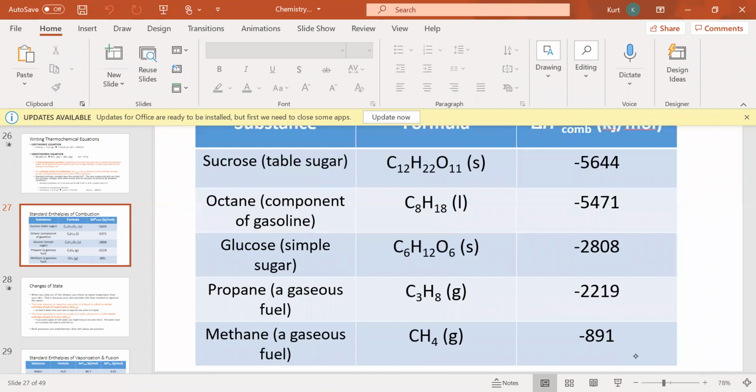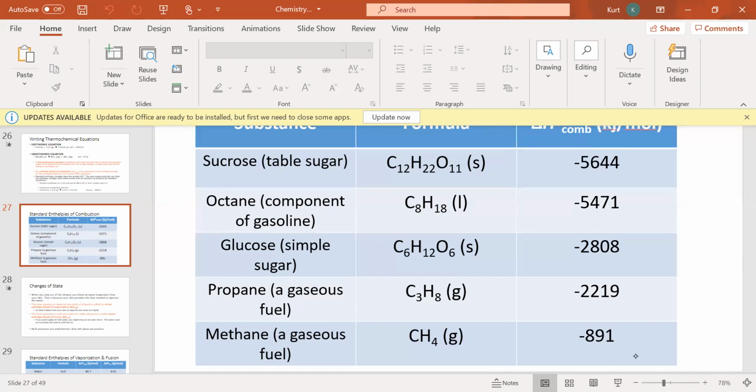You want to know something that's pretty unique? I'm sure that in a few weeks, some of you might be having a little barbecue for Memorial Day weekend or 4th of July weekend in a couple months. You use a propane tank for that. I want you to look at how much energy is burned on 1 molecule of propane. Compare that to the amount of energy burned from table sugar that you eat. Your body produces more energy from just burning sugar than the energy that is produced from a propane grill.